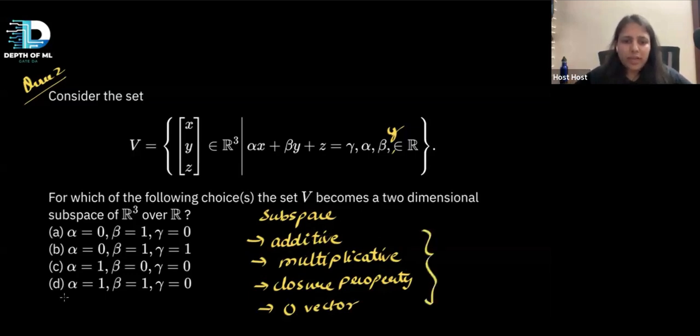So one of these we can immediately rule out based on the zero vector. Can you tell me which of the ones we can rule out, which will not have 0, 0, 0 as a solution?